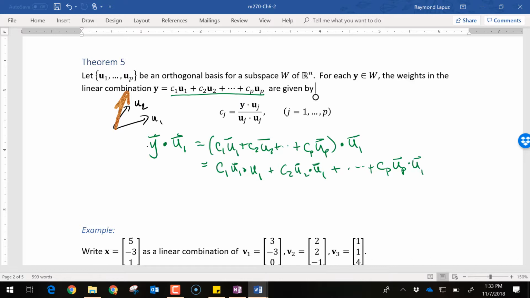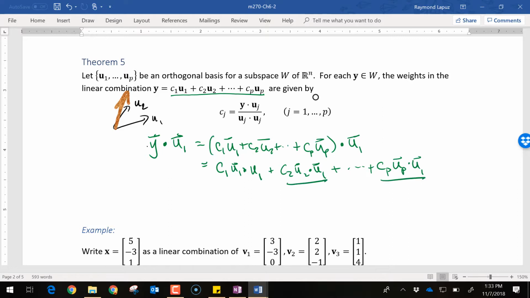And do you see something happening here that we can simplify? Yeah. We're kind of being projected onto U1. But what can we say about U1 and U2 and U3? Yeah. Since we're dotting it with itself, like the dot product goes along on the left side, I guess, 0.